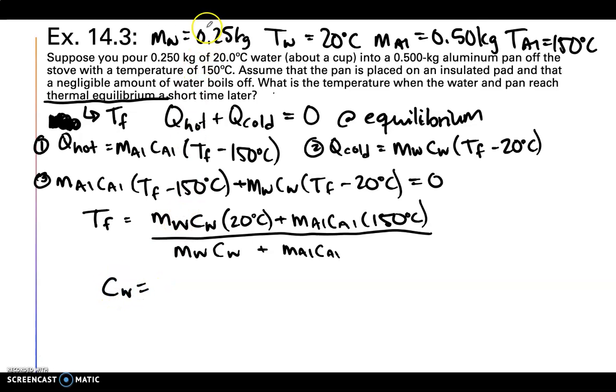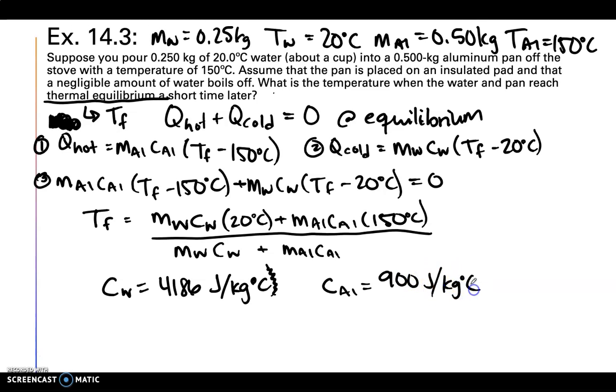Our specific heat of the water is 4,186 joules per kilogram degrees Celsius. And then our C of aluminum is 900 joules per kilogram degrees C. Again, that's from the table in our textbook.